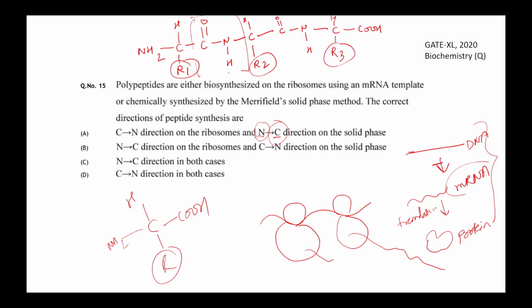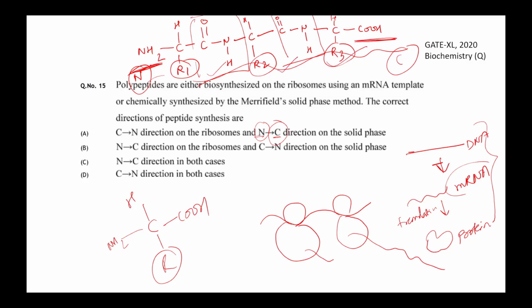There are two peptide bonds they are joined with. On this side the amino end of one amino acid is free, and on this side the carboxyl group of the other amino acid is free. So this is the polypeptide chain where one side is the amino terminal, referred to as N, and the other side is the carboxy terminal, referred to as C. In the ribosome machinery, the amino acids get incorporated in this manner only: first this, then this, then this.